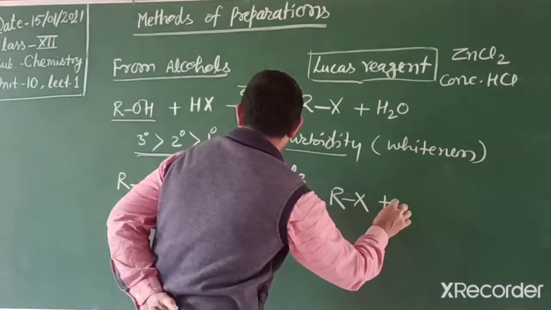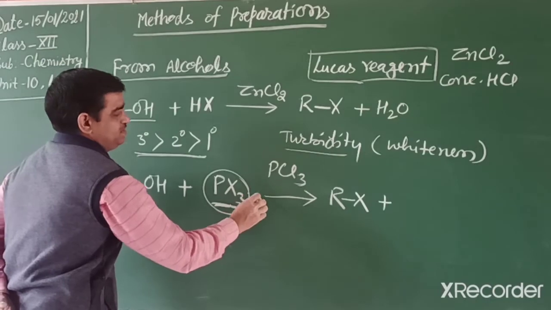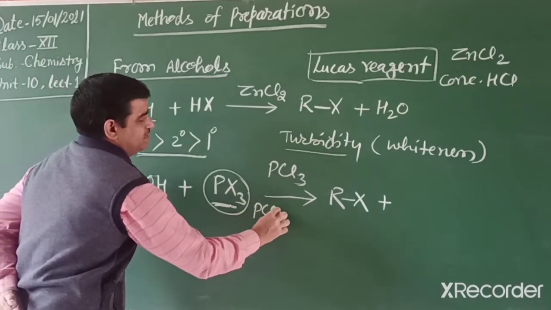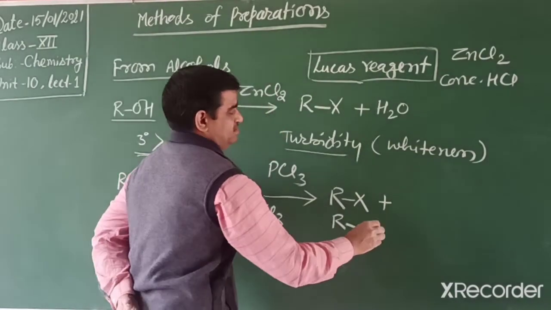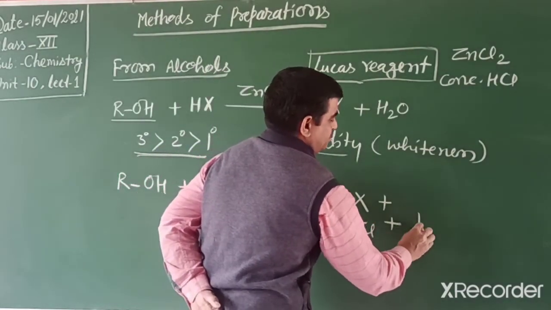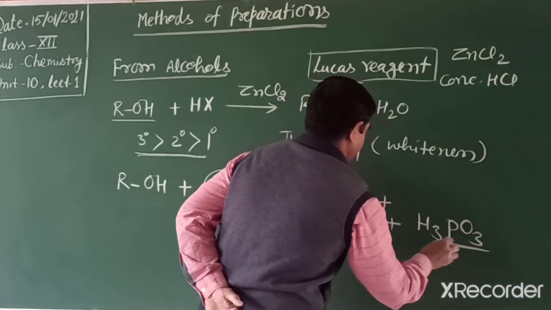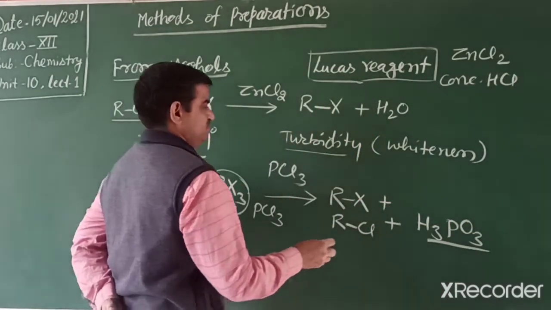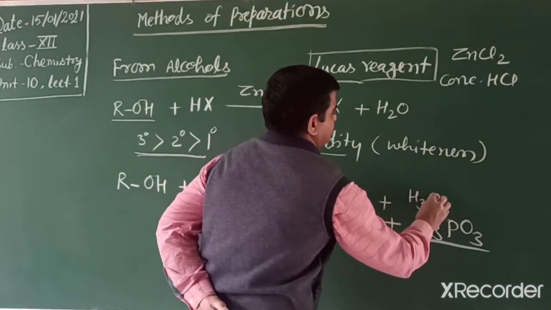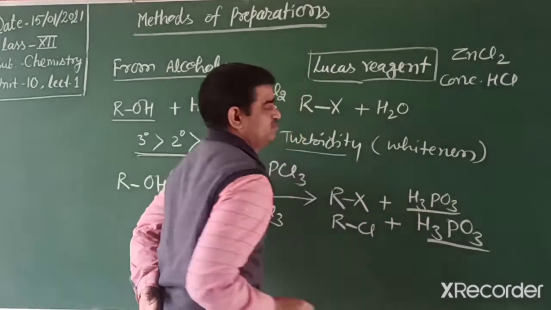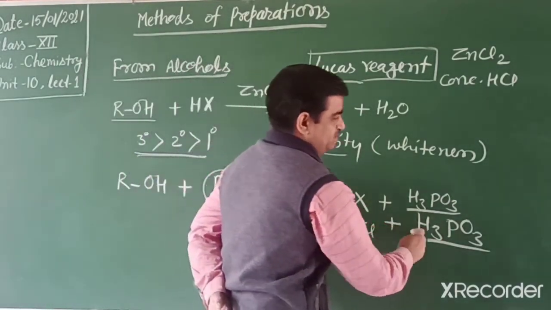Generally we take PCl3, and then we get RCl plus phosphorus acid, H3PO3. In the P block, you know the structure of this acid.